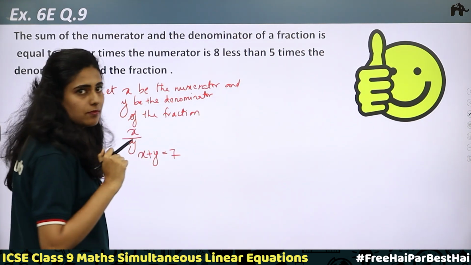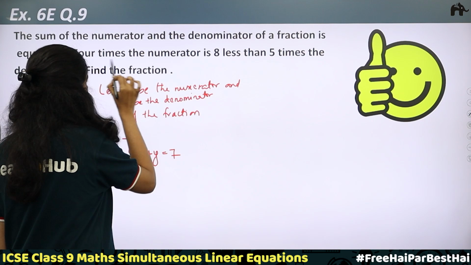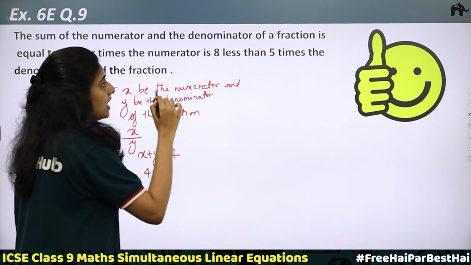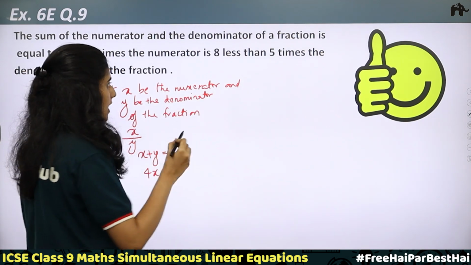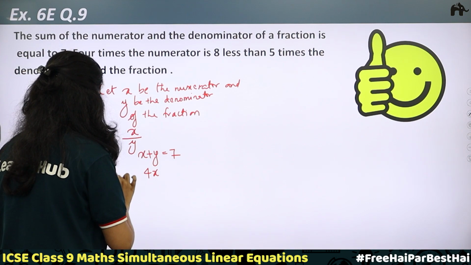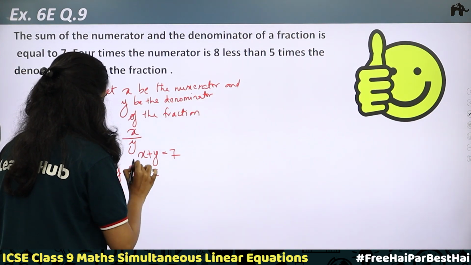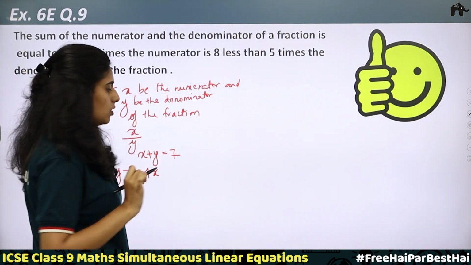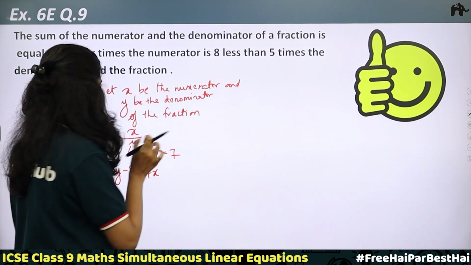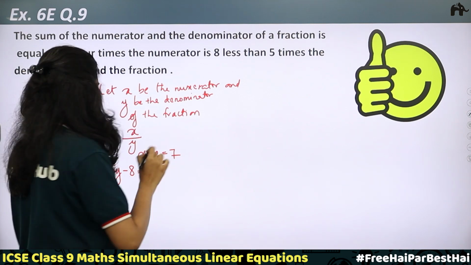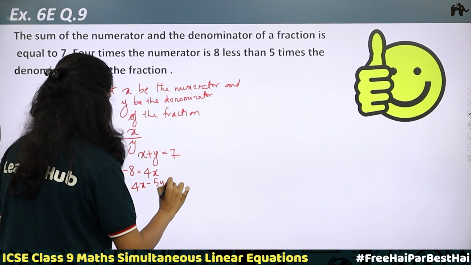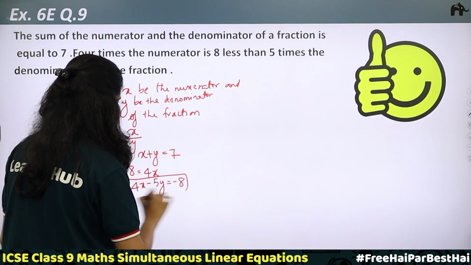What does it mean? 4 times the numerator, 4x, okay, is 8 less than 5 times the denominator, that is 5y minus 8 will give you 4x. Or we can write this as 4x minus 5y is equal to minus 8. So this is your second equation.